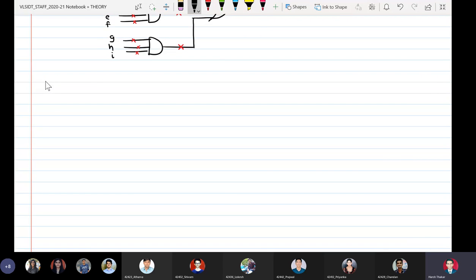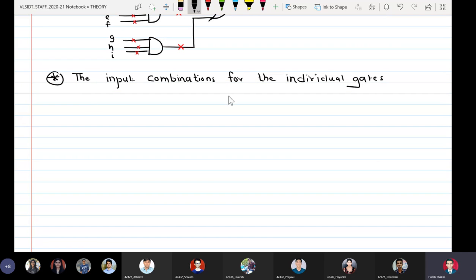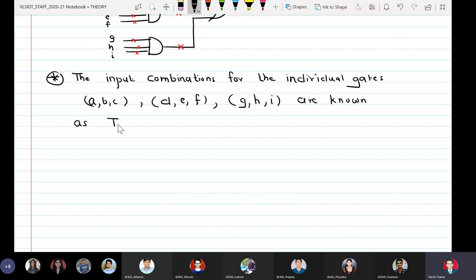So we can say the input combinations for the individual gates A, B, C, D, E, F, G, H, I are known as test vectors or test patterns.